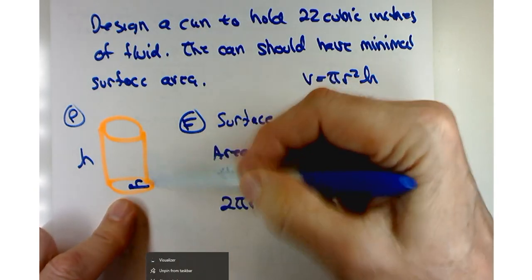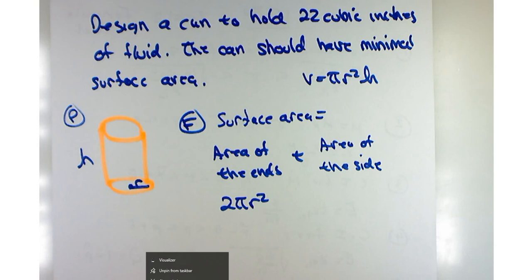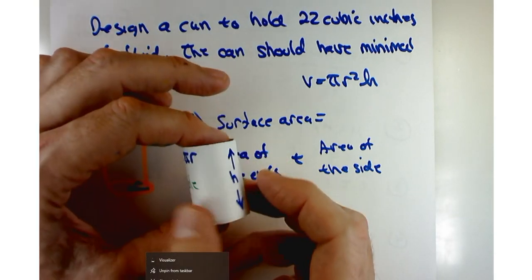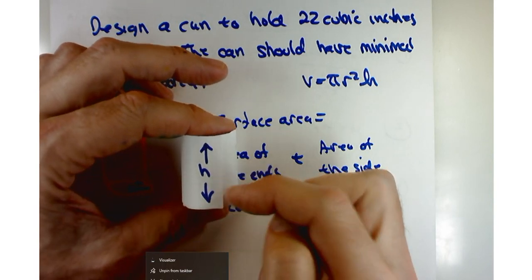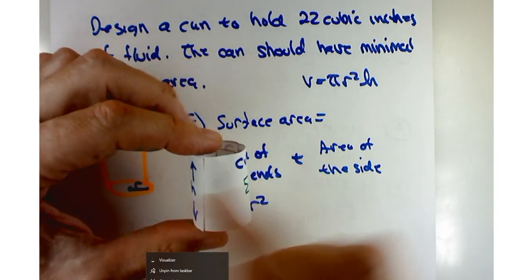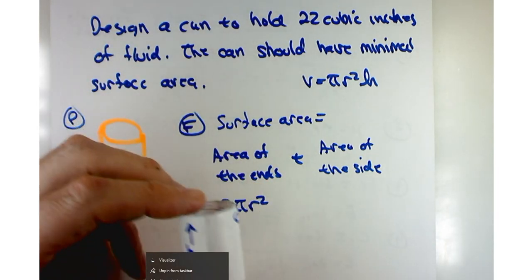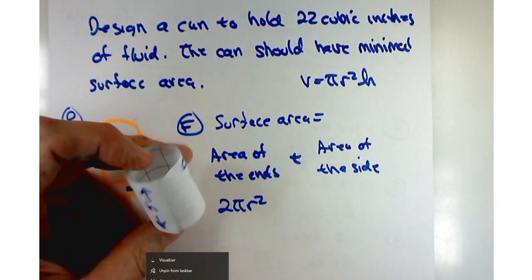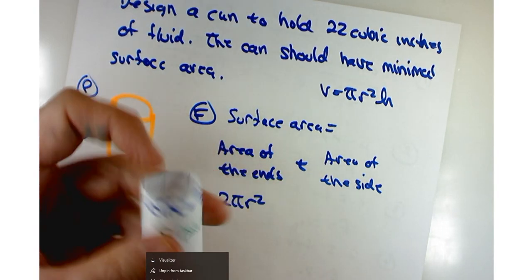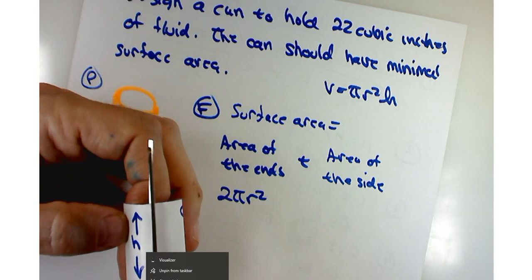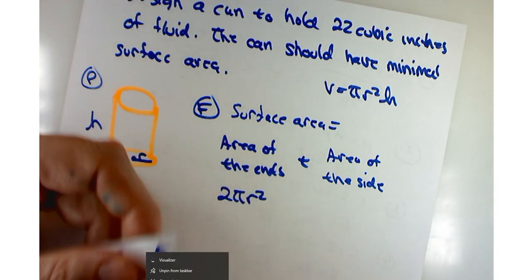And as far as the height is concerned, the height requires a little bit of a trick here. So I know that this can is h tall, but I need to know, well, how far is it around? And here's my little trick. I'm going to take my can and cut it down the side like that and lay it flat.